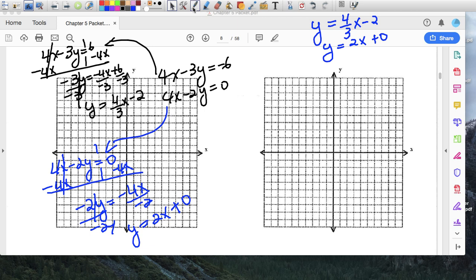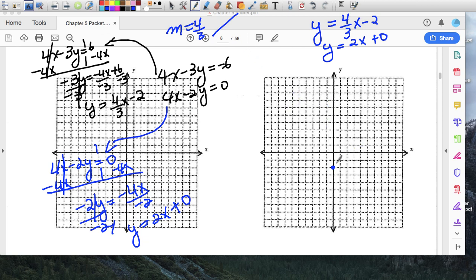Okay, so let's do the first equation in blue. My intercept is -2, so I know that line is going to cross -2. And this is a positive slope. m equals 4/3. The change in y is positive, and the change in x is positive. This is going to be a line that goes like that.